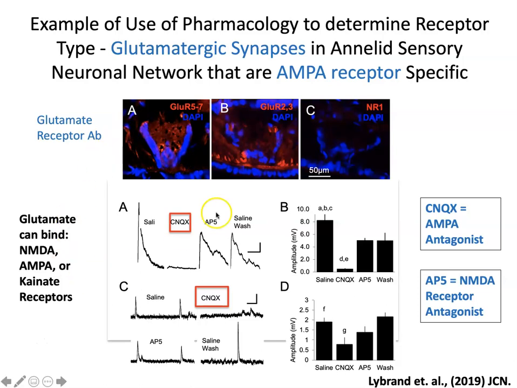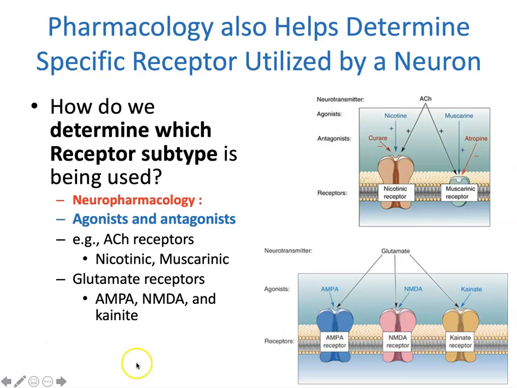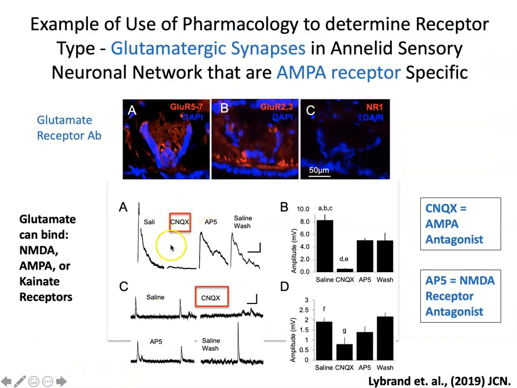What he found was that when you bathe it with an antagonist of the AMPA receptor for glutamate, and again, glutamate has 3 different receptors, NMDA, AMPA, and kainate, so these are the 3 here, you get no action potential.